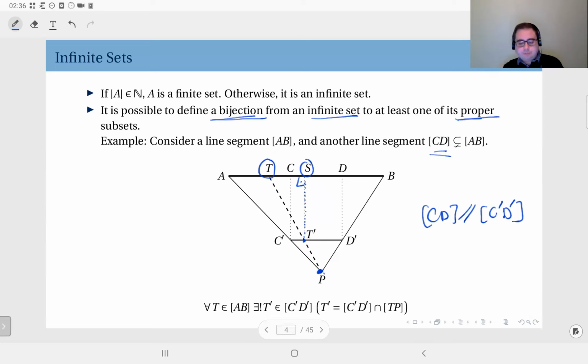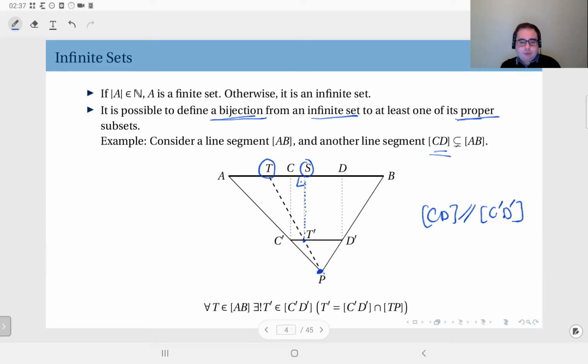I have this point T on AB, and then through this procedure, I map it to a point on CD. Now, it should be clear to you, this is a bijection because given any point, I can find a point on CD that corresponds to the given point on AB. And this relationship is unique because I can reverse it.